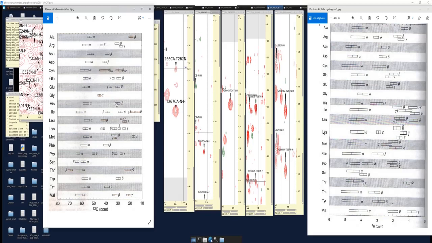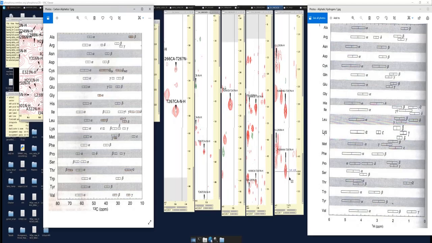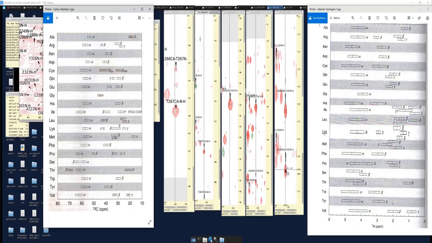Could be a cysteine, histidine, maybe a methionine. But now we can look at the H alpha, H beta. You have an H alpha at 4.8 and an H beta at around 3.2. So if we look at methionine, 4.8 does match with the H alpha, but 3.2 is way too high for H beta methionine. So that gets rid of that.